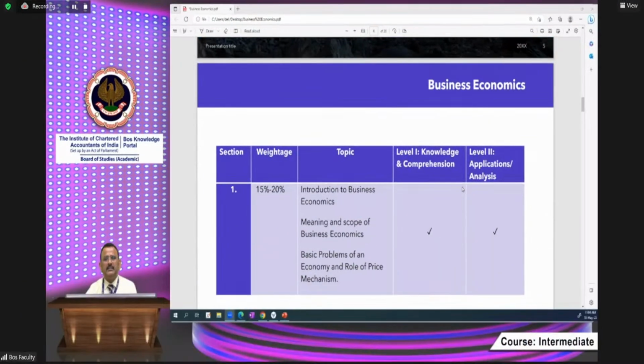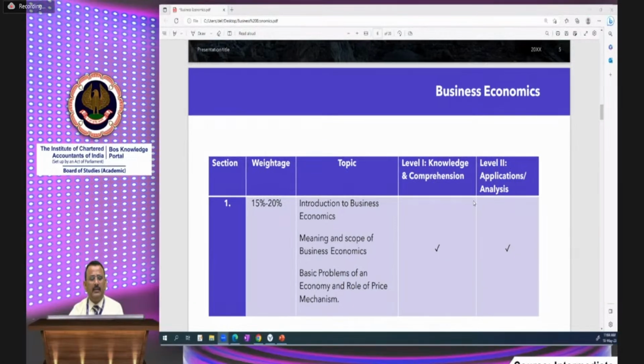The business economics paper is divided into 5 different sections. The first section comprises introduction to business economics, meaning and scope of business economics, basic problems of economics, and role of price mechanism.